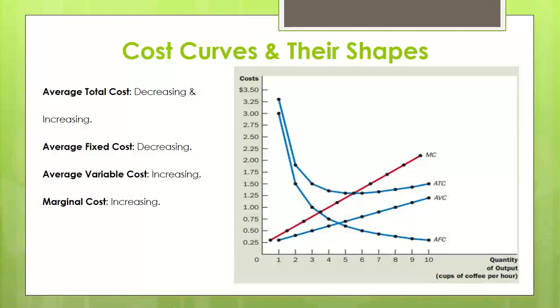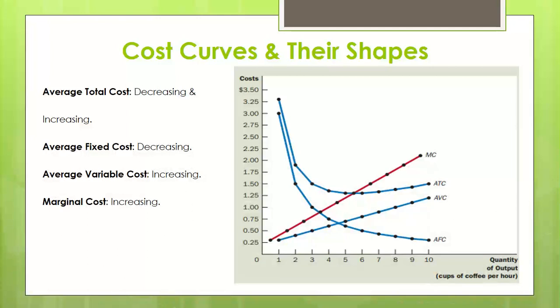By formula, average fixed cost is equal to total fixed cost divided by Q. I am repeating it again: the formula of average fixed cost is total fixed cost divided by Q. In short, average fixed cost is equal to TFC divided by Q. Here fixed cost is constant, as we have already seen in the table that fixed cost remains constant throughout.